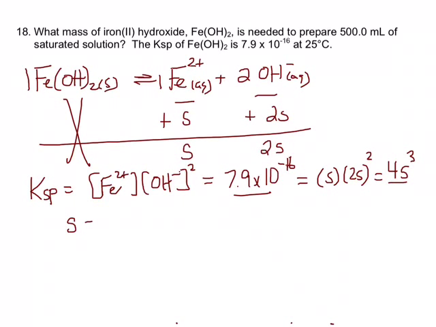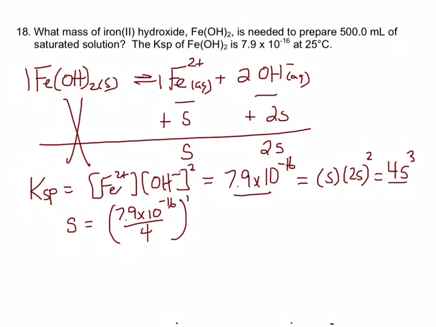Then S, the solubility, will equal the Ksp, 7.9 times 10 to the minus 16, divided by 4, and then cube rooted. Now there's more than one way to write the cube root symbol. You might in a math class write the cube root, but remember that cube rooting means the same thing as raising to the power of 1/3, and that's how I like to write it.